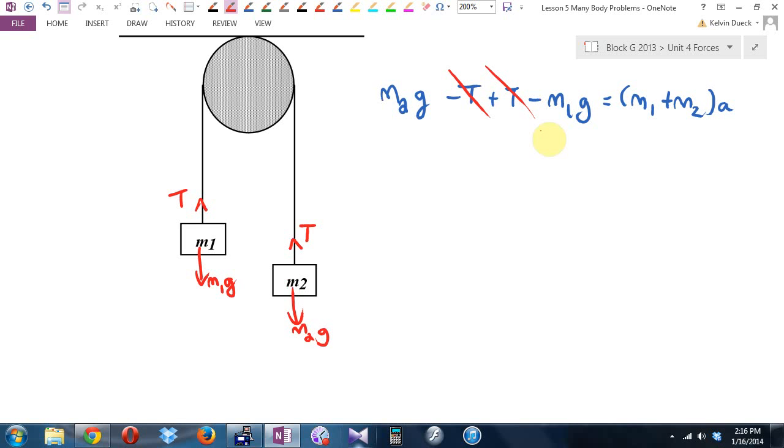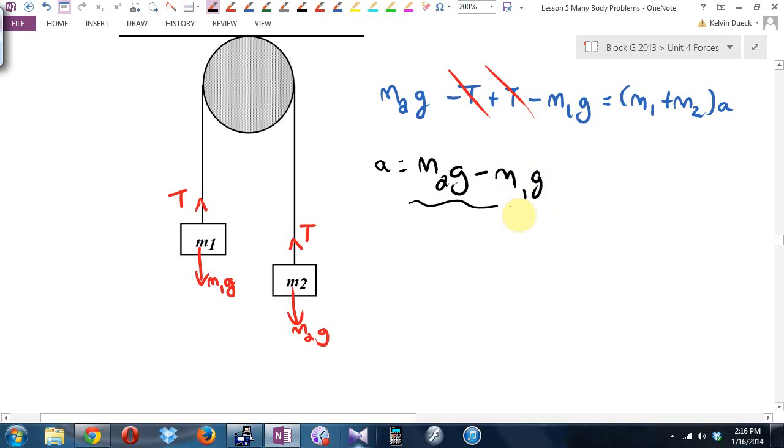What did this question ask me to find? Acceleration. Oh, so? More specific. How? Divide the bracket with M1 with M2. So you're saying, hey, Mr. Dueck, the acceleration is going to be M2G minus M1G all over that? Okay.